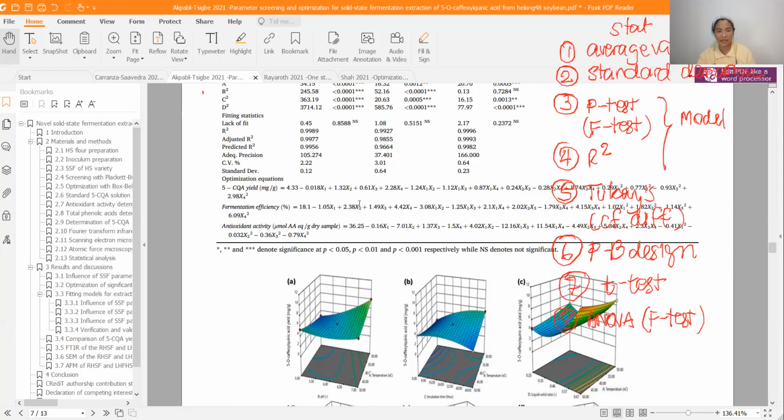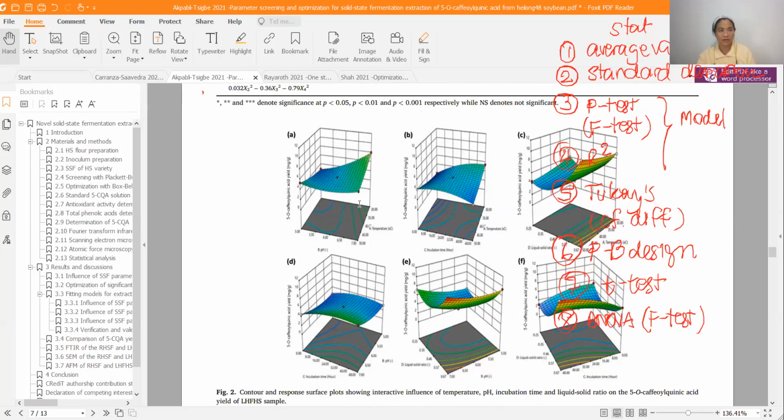But since the maximum we can draw on paper is 3D, it's only the 3D graph that we can do, which includes two factors and one response here.